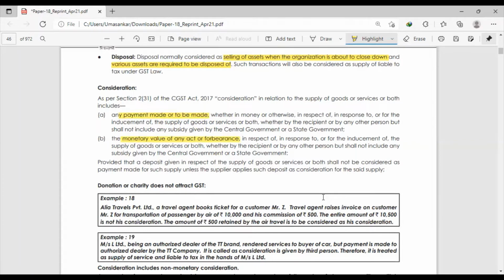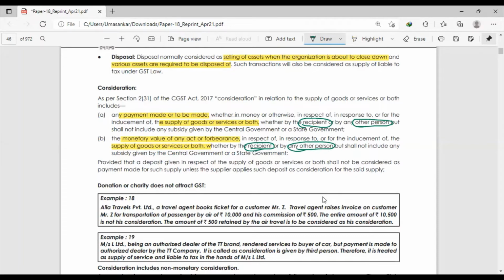For supply of goods and services or both, whether by the recipient or by any other person. This is a crucial point: whether by the recipient or by any other person.